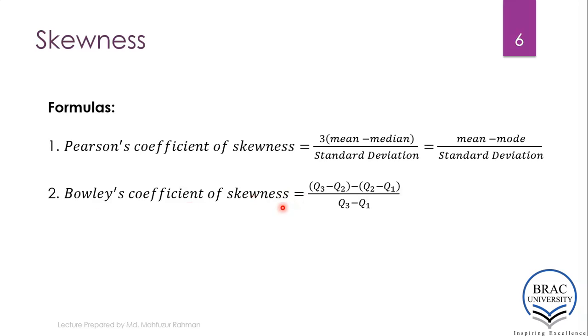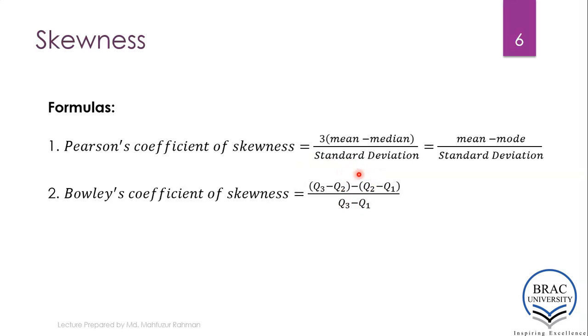The formula we didn't discuss previously is this quartiles formula. We already know what this means. Q3 means third quartile or upper quartile, Q2 is the median or second quartile, Q1 is the lower quartile or the first quartile. And this Q3 minus Q1 means IQR or interquartile range. If the difference between the upper quartile and the median is greater than the difference between the second quartile and the first quartile, then we can say it's positively skewed data.